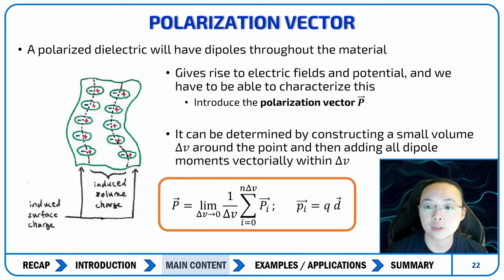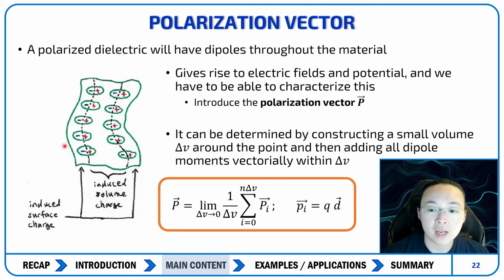So essentially, what direction are these molecules having this charge separation? A polarized dielectric is quite different than a conductor because instead of having all the negative charges on the surface on one side and all the positive charges on the surface of another side, you have to think of the entire material broken up into tiny little pieces. And each of those tiny little pieces has a dipole with a charge separation.